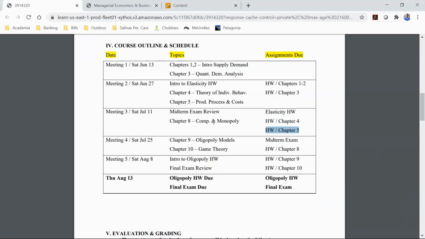I posted my solutions for all 3 of those assignments. So there's solutions and grades for homeworks 1 through 5 and the elasticity homework. Look at the solutions if you missed any points. If you have any questions about those assignments, please let me know. All your grades are out, and all the solutions are posted on Blackboard.